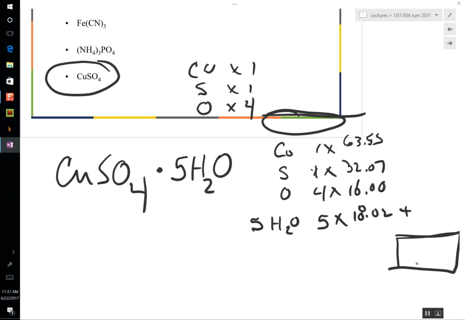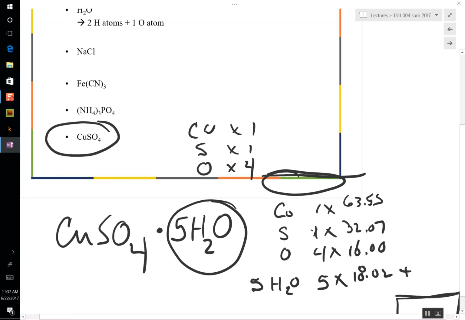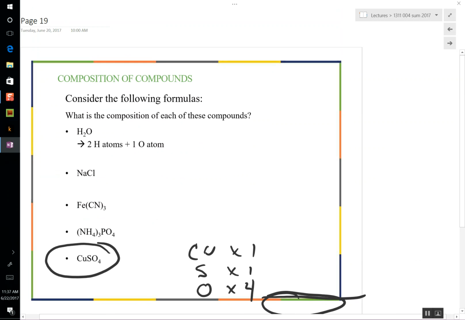I've got to weigh out more of the pentahydrate to get a mole of copper sulfate because it's got all of this stuff in the crystals. That's water of hydration. Very, very common. There's lots of ionic compounds that are hydrates. They're not always 5. It could be monohydrate, dihydrate, 12 waters, whatever.